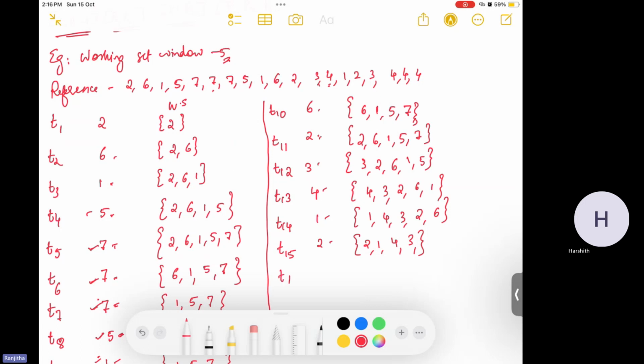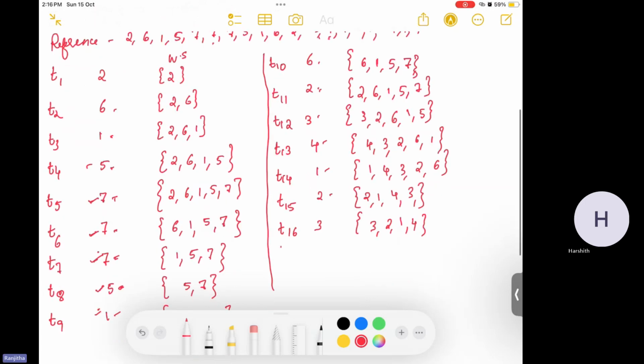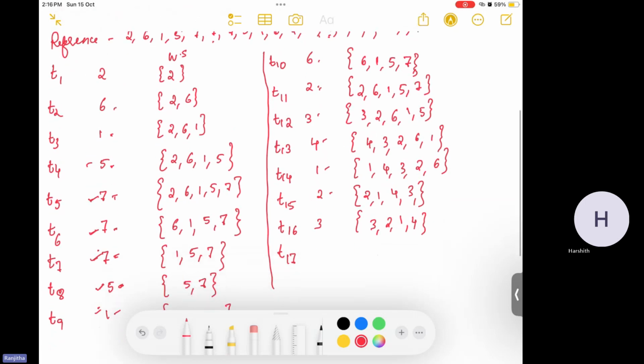At T16, when we access page number 3 again, the working set becomes 3, 2, 1, 4, and 3. Now at T17, when we access page number 4, the working set becomes 4, 3, 2, 1, and 4.